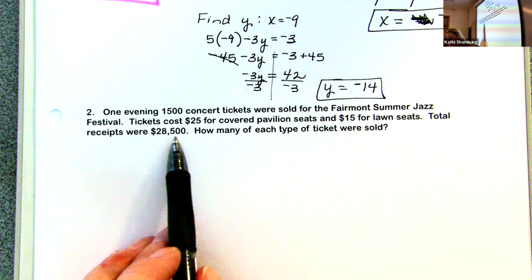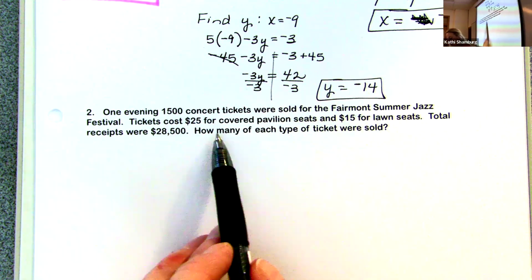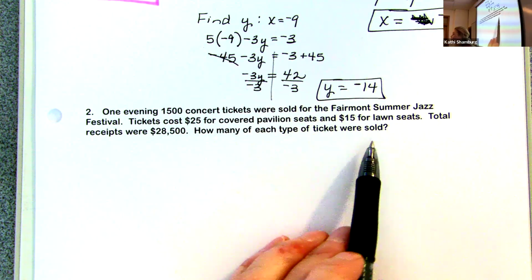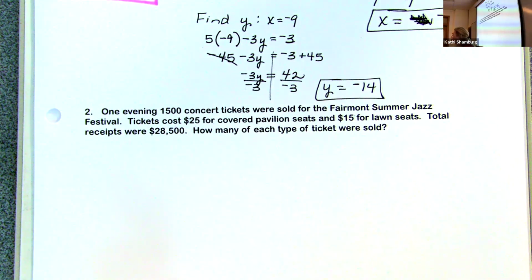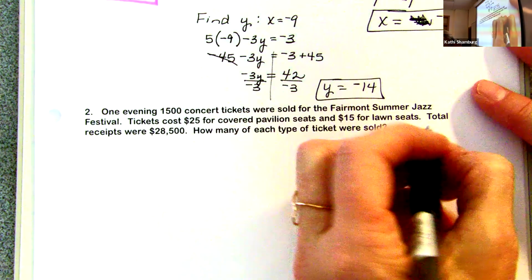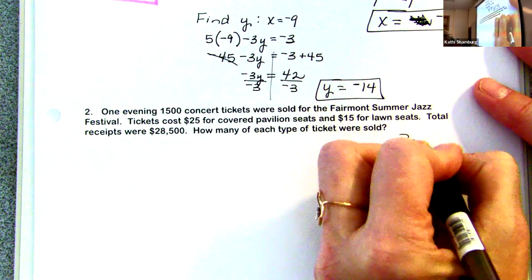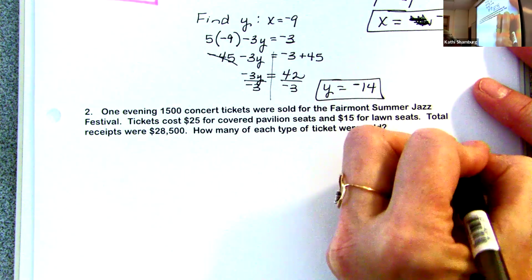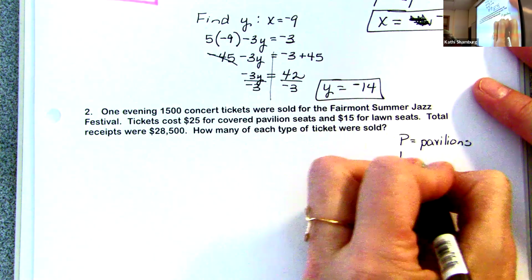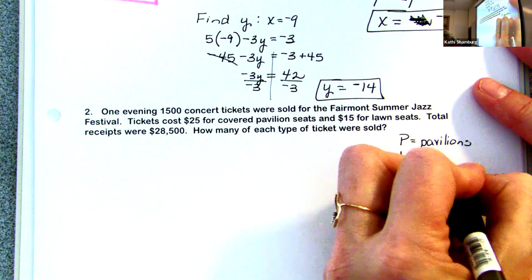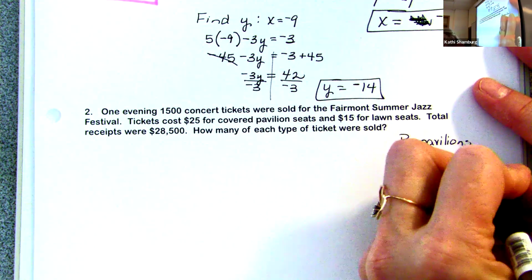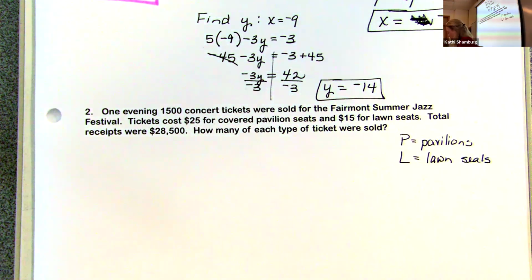Total receipts were 28,500. How many of each type of ticket were sold? Okay, this is like the nickels and the dimes. But instead, we have P for pavilion seats, and we have L for lawn seats. I did capital because a lowercase l looks like a 1.